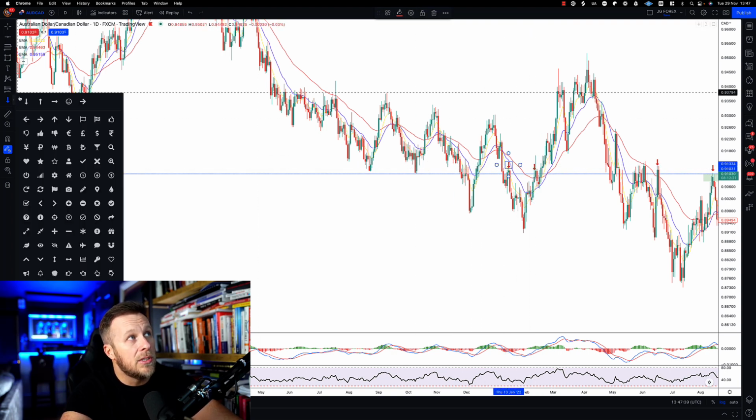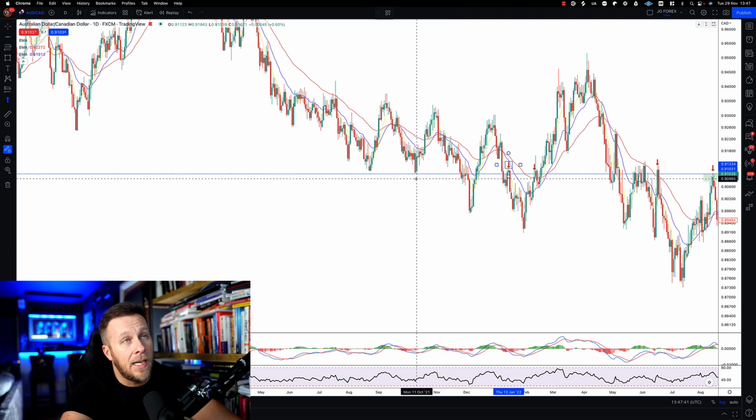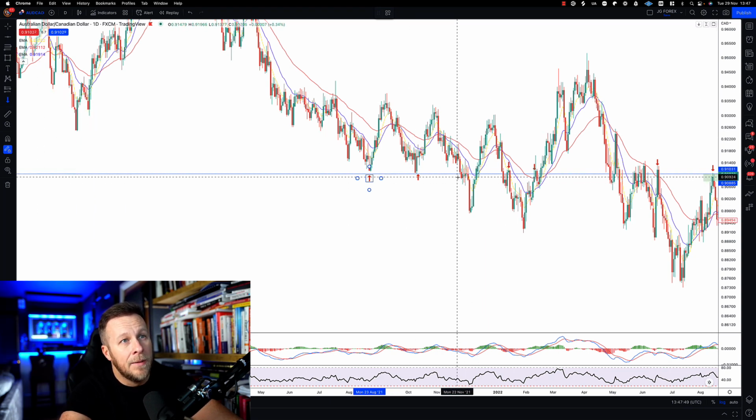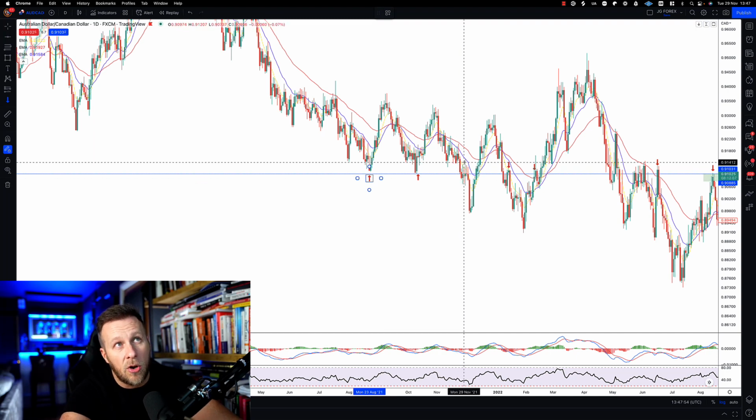It was also support here previously, and we also had this really nice story of price battling that zone back in this time last year. So November, December last year, we were hovering around this zone, and we had this big tug of war going on, as you can see there, right?